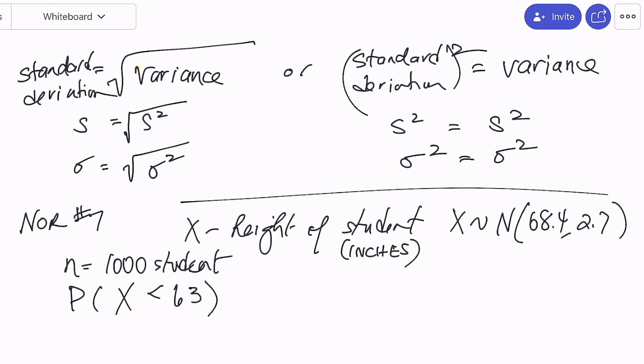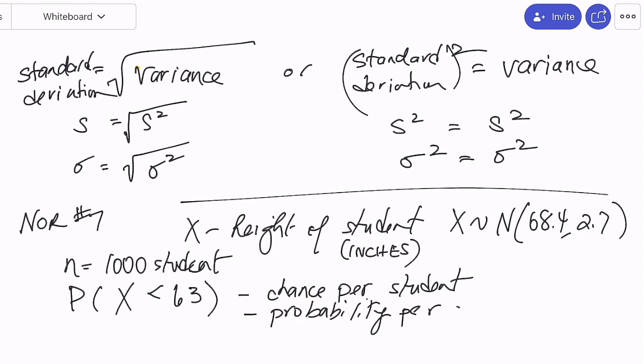Once I get that, that would be the probability per student. Now this is after learning about the standard normal distribution. So maybe the setup and knowing where you're headed is the challenge here, because I have to challenge you.